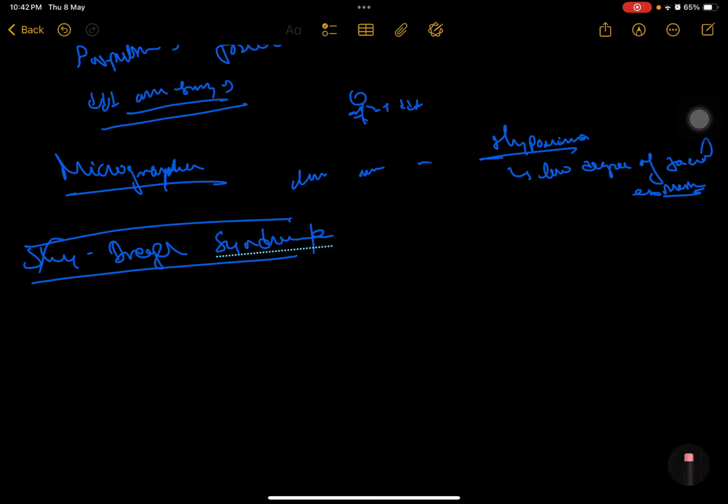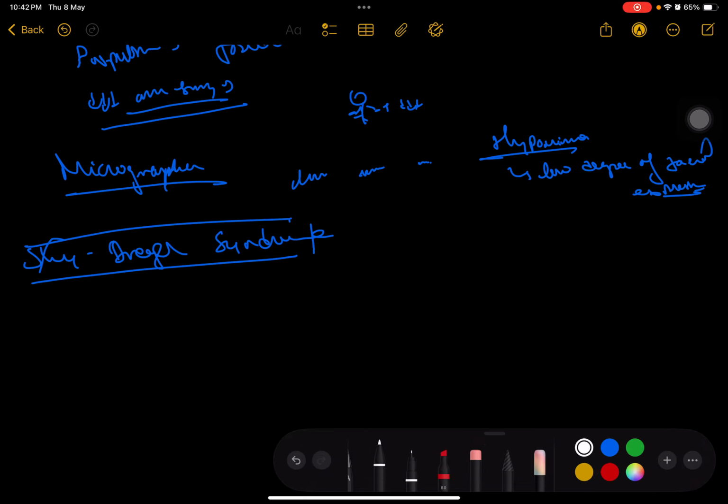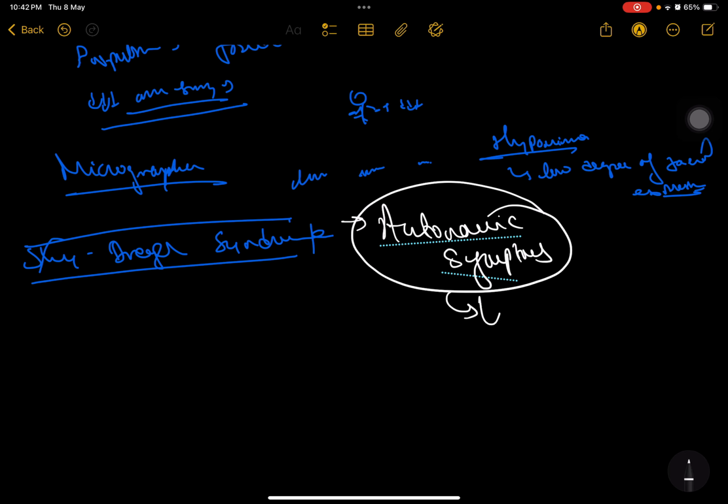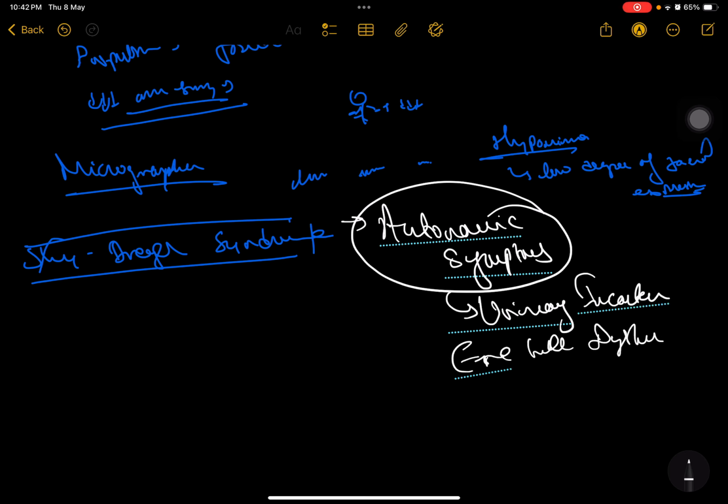Autonomic symptoms can be classified into urinary incontinence, erectile dysfunction, and orthostatic hypotension.